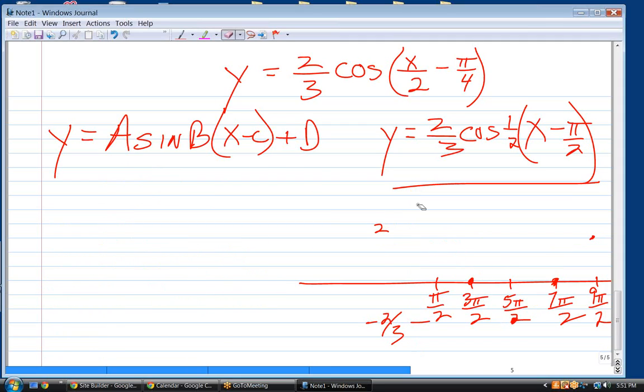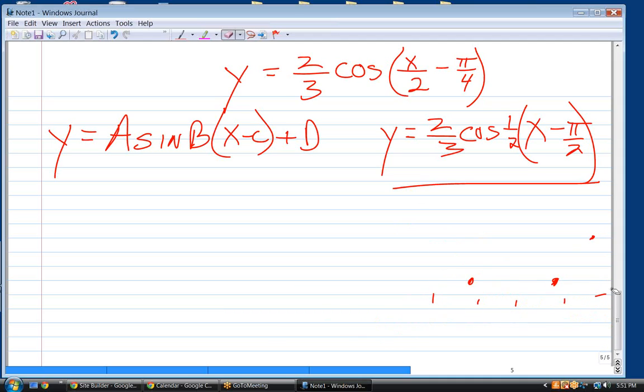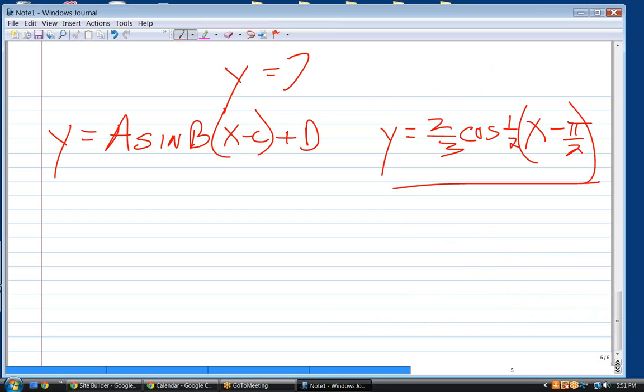So y equals 2 minus sine of 2 pi x over 3.